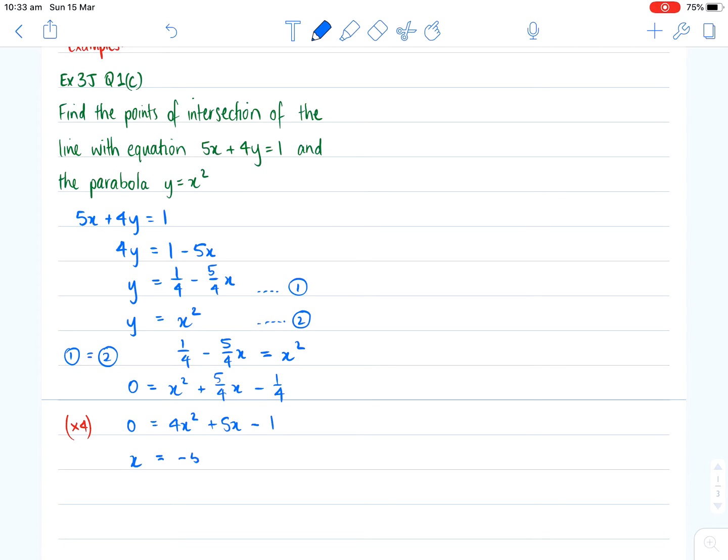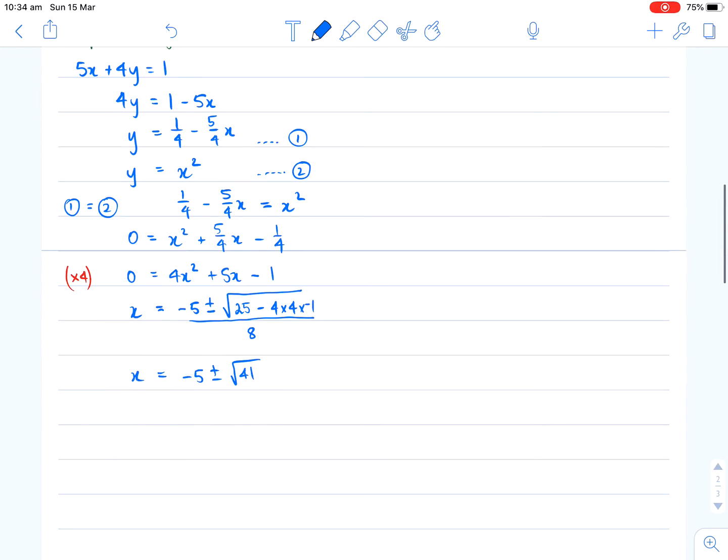Okay, so my x values using the quadratic formula will be -5 plus or minus the square root of 25 - 4 times 4 times negative 1, all divided by 8. So then my x values are -5 plus or minus the square root of 25 + 16, which is 41, all divided by 8.